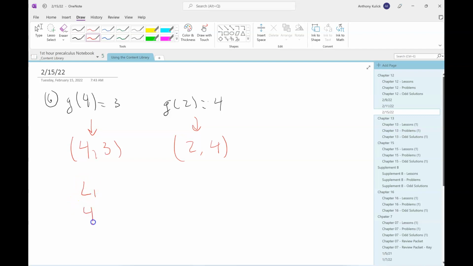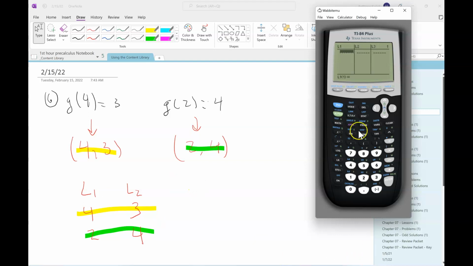So I'm just going to make a list L1 and L2 where the x's are in one column and the y's are in the other column. Then I'll have it run a regression equation.